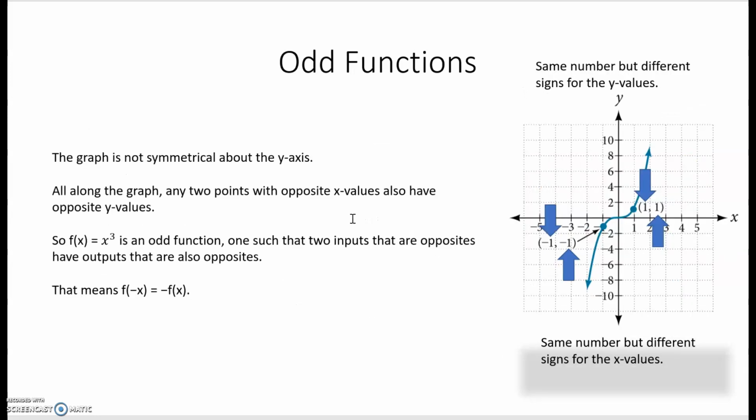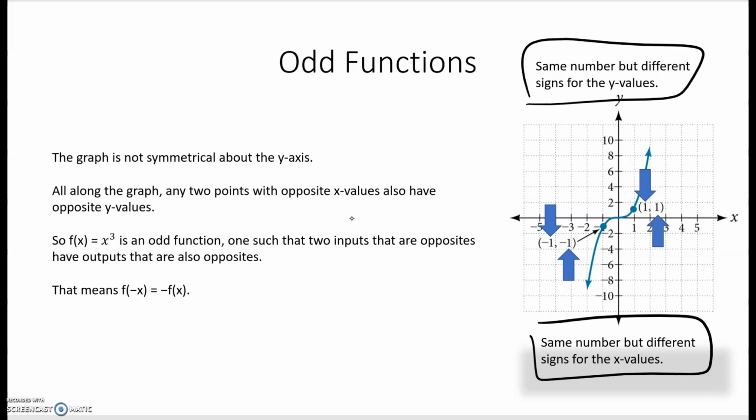Now if we look at the odd function, so the odd function has the same number but different sign for the x value as well as the y values. And we said that it is not symmetrical about the y-axis. Along the graph, or the curve here, any 2 points with the opposite x value also have the opposite y values. So if we look at f of x is equal to x cubed, that's going to be an odd function. That's what this curve is.